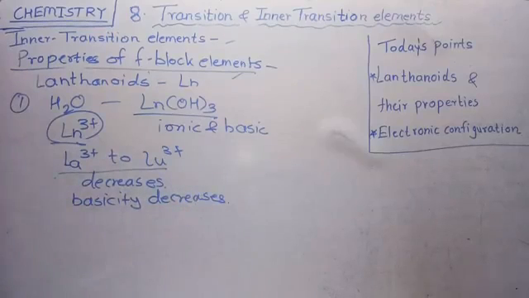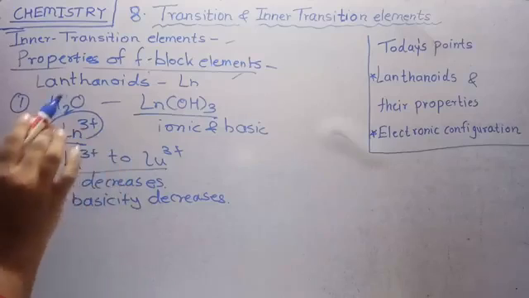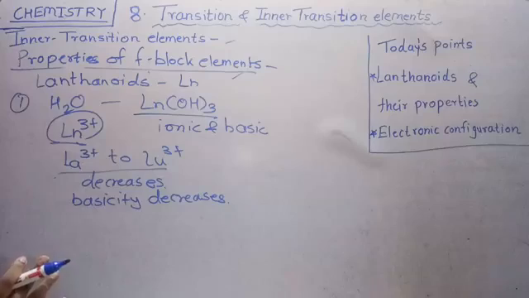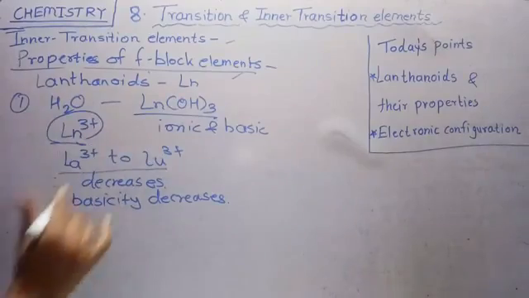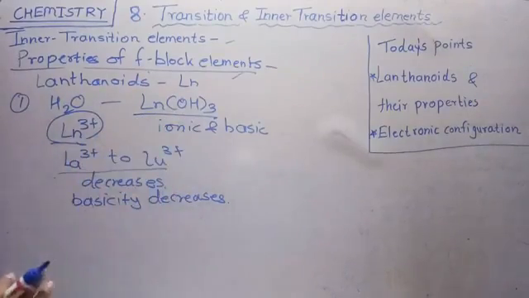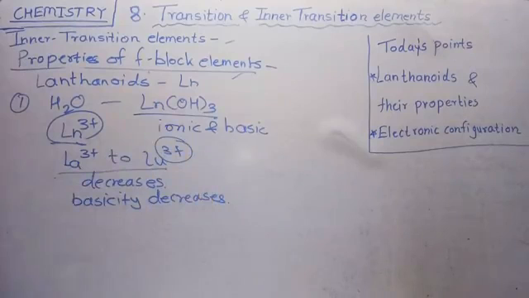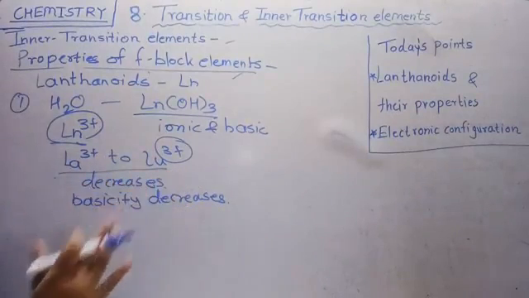There is a question asking on this: the basicity of hydroxides of lanthanides goes on decreasing from lanthanum to lutetium. Why? Then you write first, lanthanoids react with water to form hydroxides of the type Ln(OH)3. That means in the +3 oxidation state, the ionic radii of lanthanides decrease from lanthanum to lutetium.